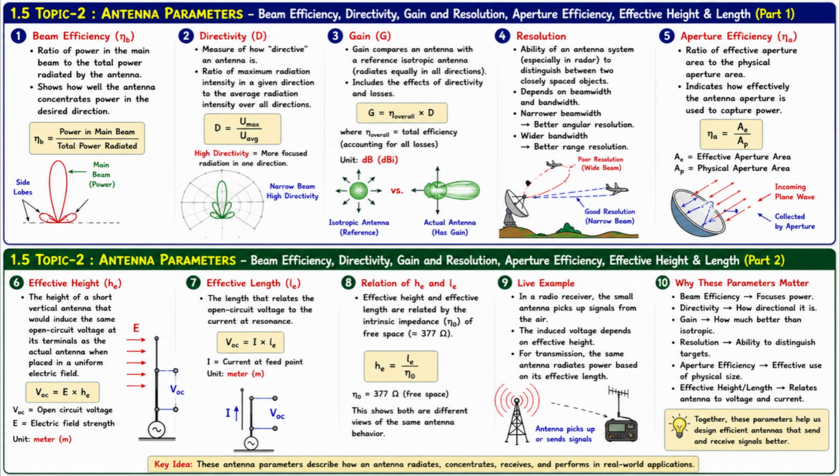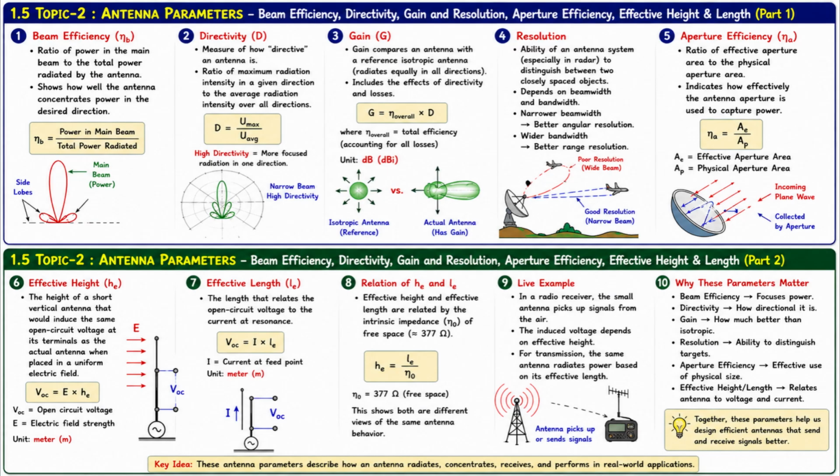Number 1, beam efficiency. What is beam efficiency? It tells us how much radiated power is present in the main lobe. Main lobe means main beam. If most power is in the main lobe, the antenna has good beam efficiency.